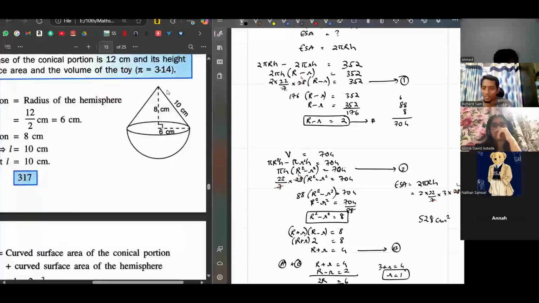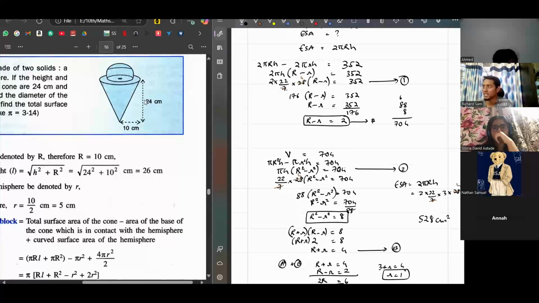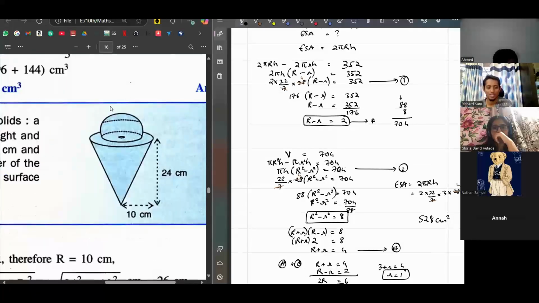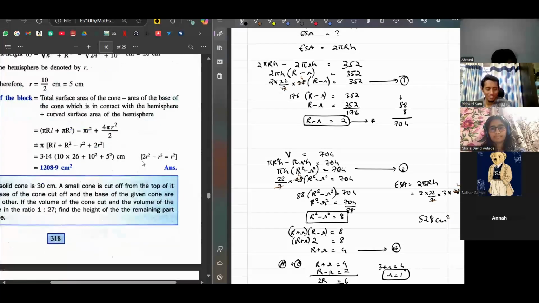Like this is a combination of a cone and a sphere. So they'll ask you what is the external surface area, what is the total volume. Here you have more surfaces now. There's one surface, the round one, then this flat ring-like surface, then the cone surface. So there are surfaces where you have to derive formulas. So that's this chapter.